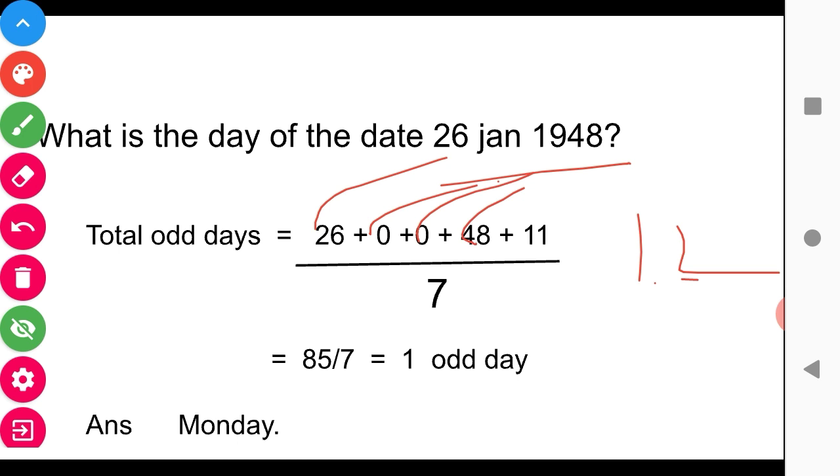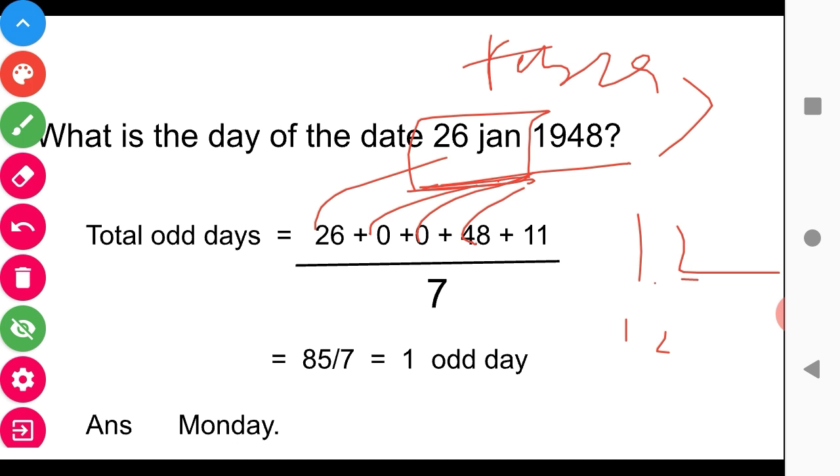Actually this 12th leap year will give the 29 February 1948 odd day. But here the date is not February 29, the date is just 26th January. If according to the formula you place the 12th odd day, 48 by 4, the answer will be wrong.